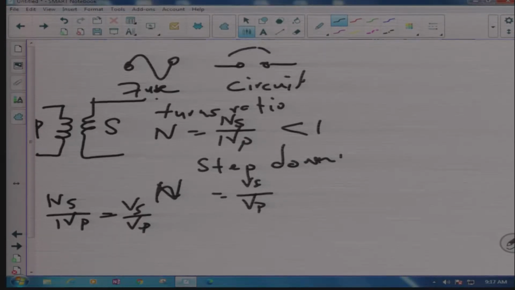My dear students, you can cross multiply in order to find whichever unknown you don't have. Be careful, this tells you the number of turns in the primary and the number of turns in the secondary.